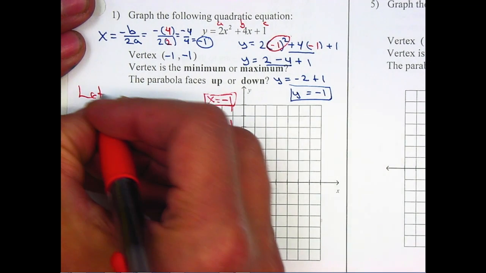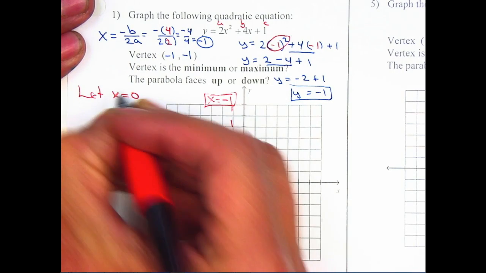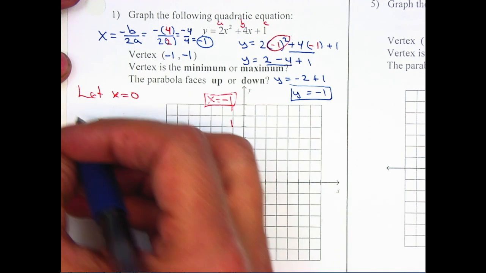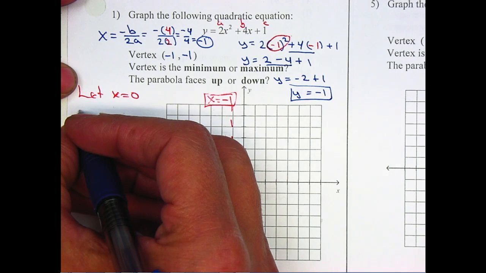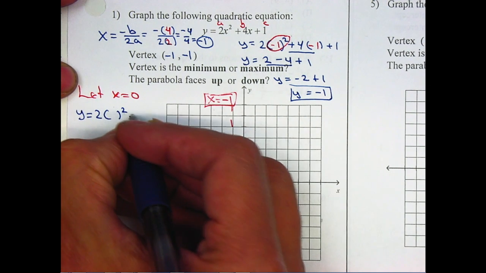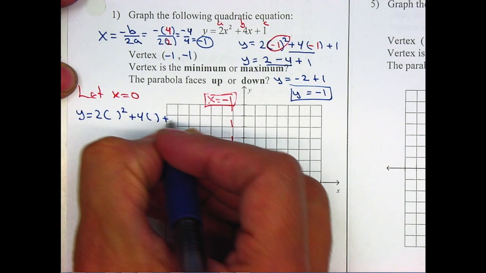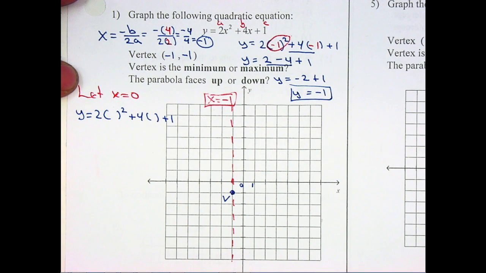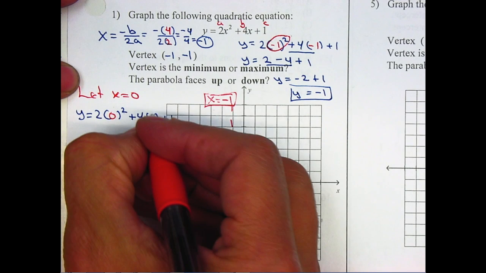I'm going to let x equal to 0 into this equation. Y is equal to 2x squared plus 4x plus 1, but instead of the x, I'm going to plug in a 0.